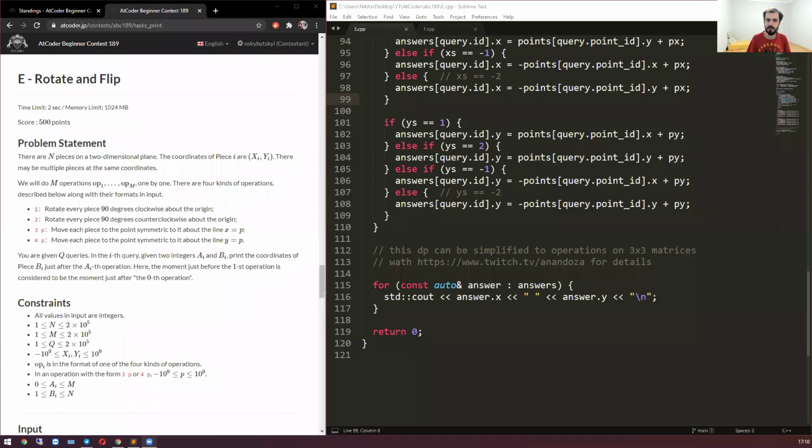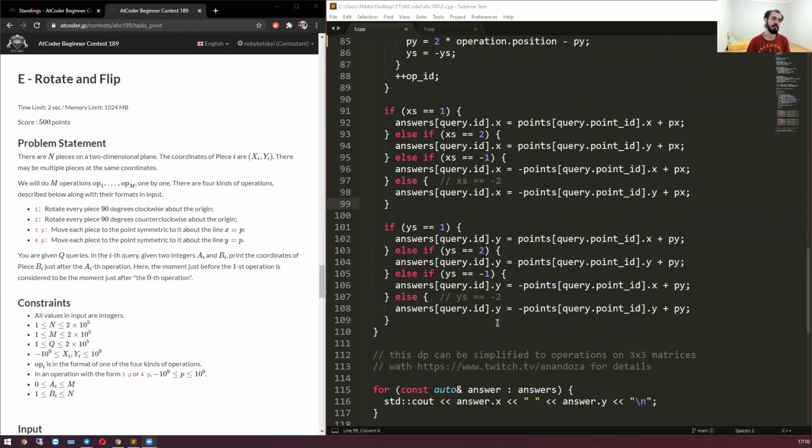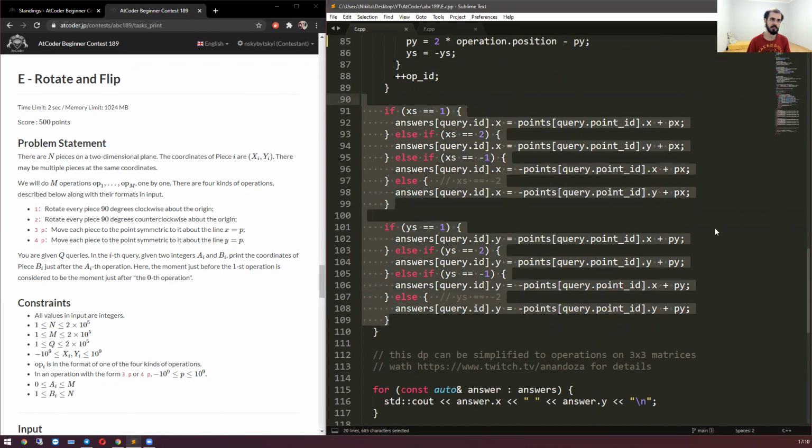Anand has a really cool solution with 3x3 matrices and operations with them, but I did not have them pre-written. So for me, the fastest way to implement that problem was something like that.